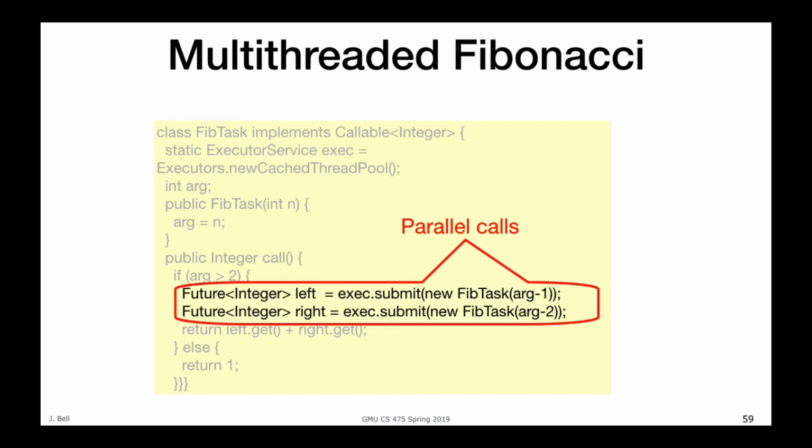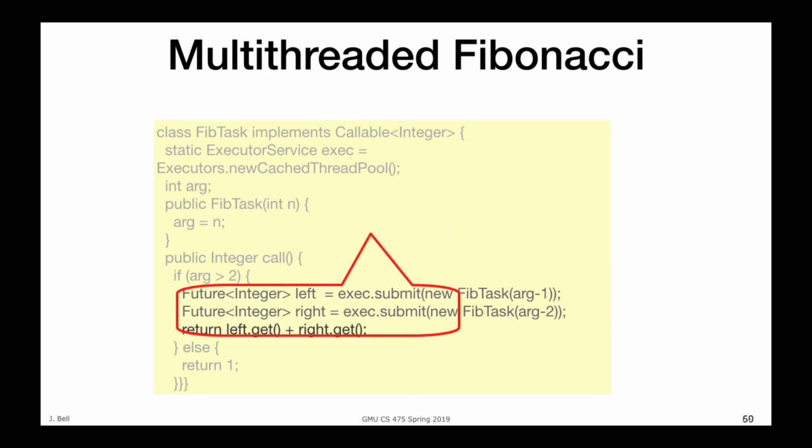So recall that the Fibonacci number of n is the Fibonacci number of n minus 1 plus the Fibonacci number of n minus 2. So we'll create tasks to get the Fibonacci number of n minus 1 and the Fibonacci number of n minus 2. We submit both of these tasks to our executor and get the futures that represent the value that we'll get back when they eventually finish.